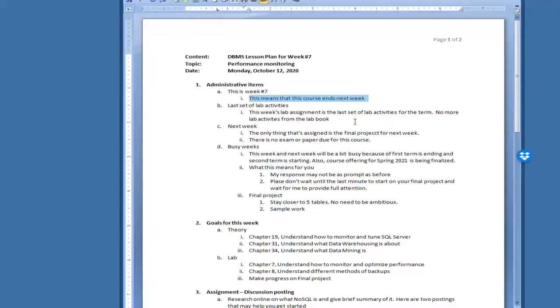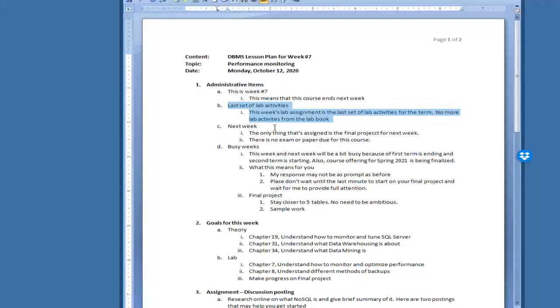As I briefly hinted, this week's lab activities are assigned from the Microsoft SQL Server 2002 MCSA Guide lab book, and this will be the last set of activity assignments. So no more lab activities from the book.